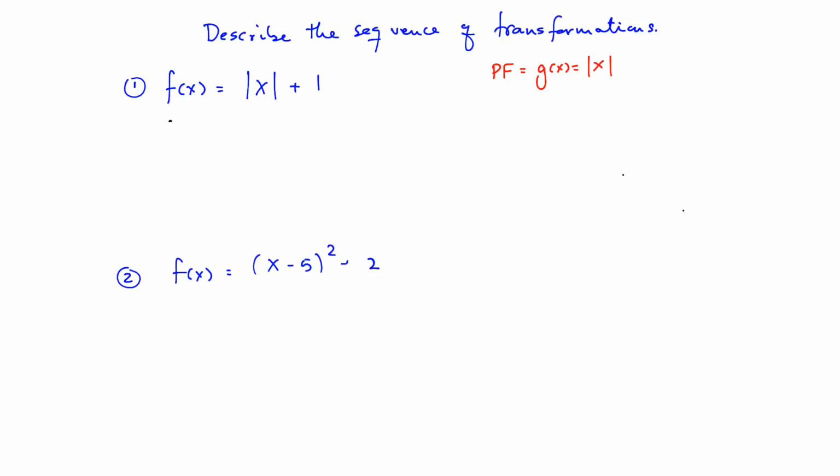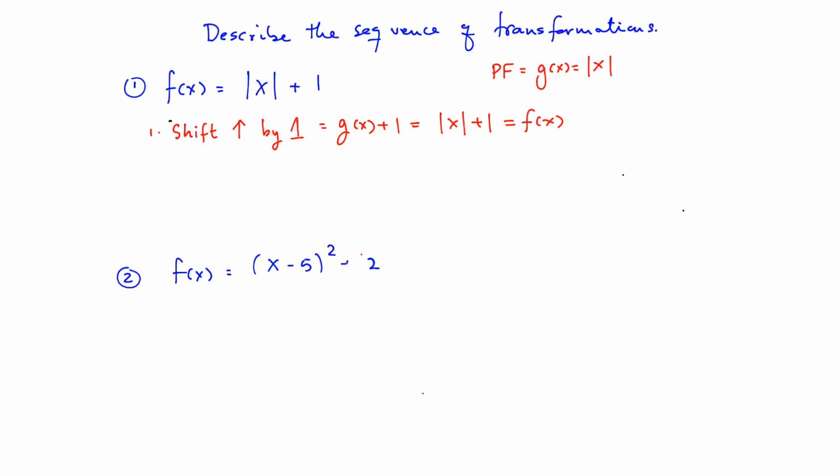The first step is it looks like I added a 1 to the function. So a shift upward by 1 unit would mean that I'm going to take g of x and add plus 1, which would mean that I have the absolute value of x plus 1, which is what f of x is.